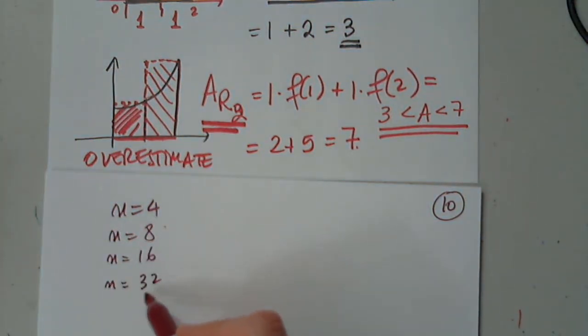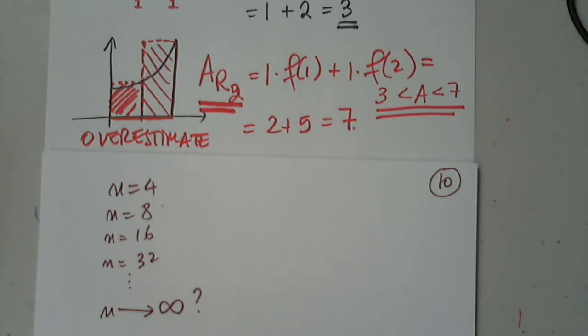What about 32? What about if n approaches infinity? You can say, how is that possible? Will I get a better and better estimate? Yes. What concept did we look at the entire semester so far? The limit. Yes! Limit as n approaches infinity. That's indeed the case.